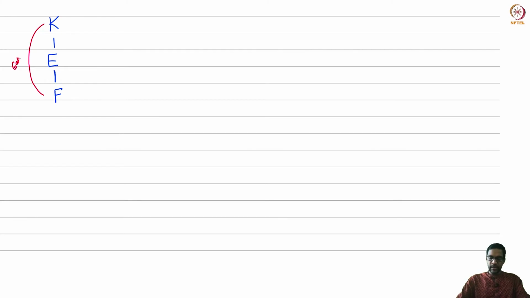Now, in order to prove that K^H is E, where H is the subgroup, all we need to really prove is that this extension is Galois. So this is now going to be our claim: if K over F is Galois, then K over E is also Galois.